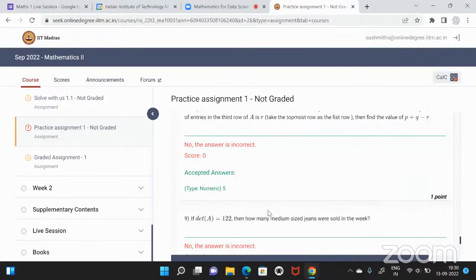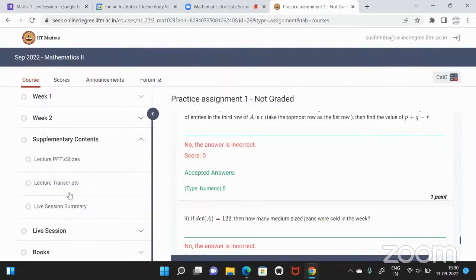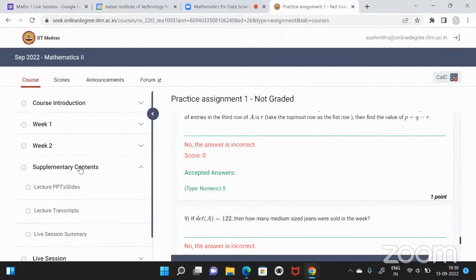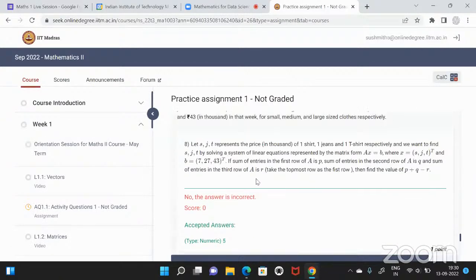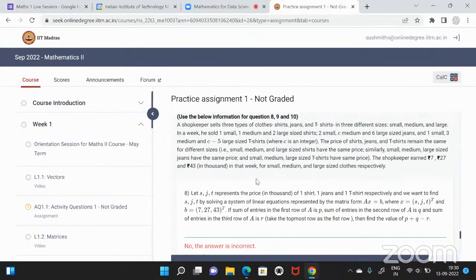But without the determinant of A, how to find the unknown C? Did you check the solution? No, it's not yet uploaded. Okay, we'll upload the solution to this practice assignment because I think it will take some time to solve if I sit to solve. Yeah, we'll upload the assignment solution.